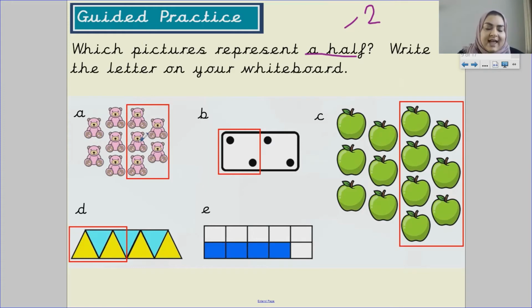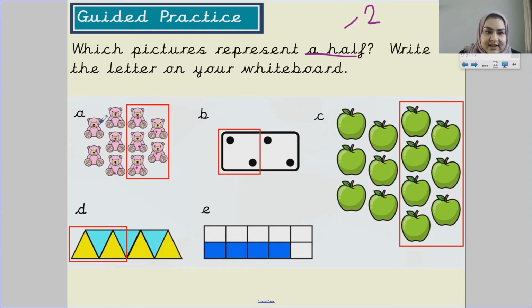So if I look at A, I have in total 1, 2, 3, 4, 5, 6, 7, 8, 9, 10. And it's split into 2 parts. I have 1 part here and 1 part in the box. For me to see if it is representing a half, I need to check if both parts have the same amount.